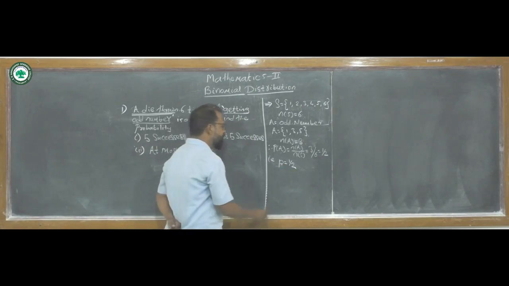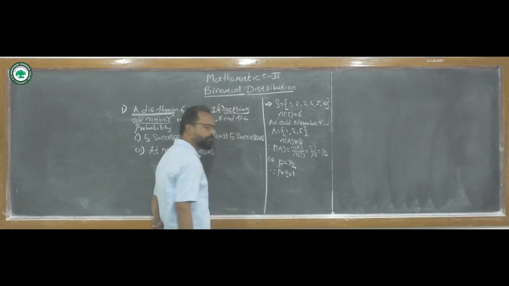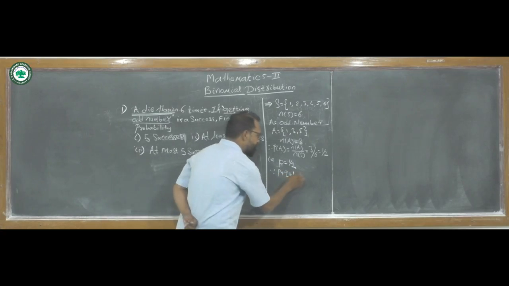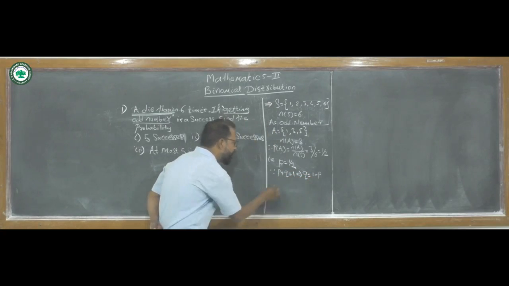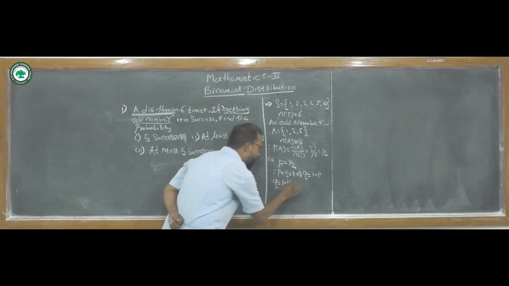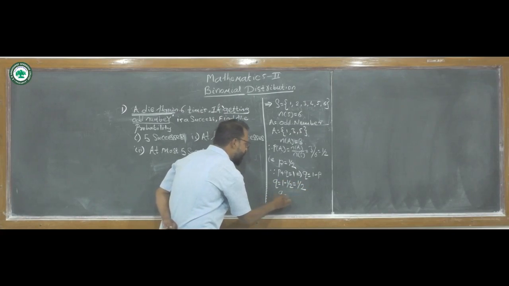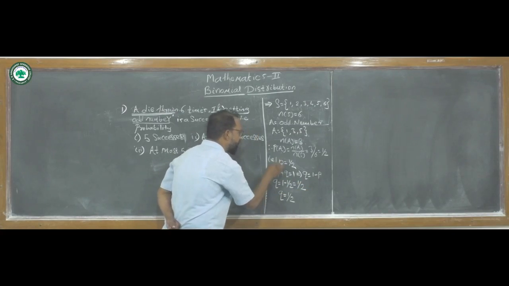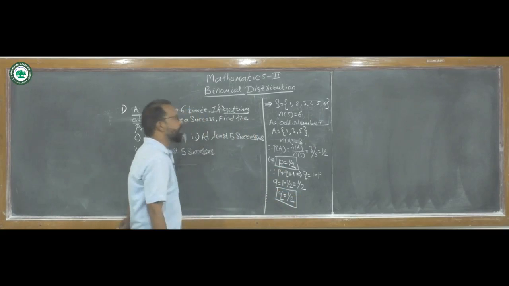Now since we know that p plus q equals 1, which implies q equals 1 minus p, we get q equals 1 minus half, that is equal to half. So finally we get p is half and q is half.